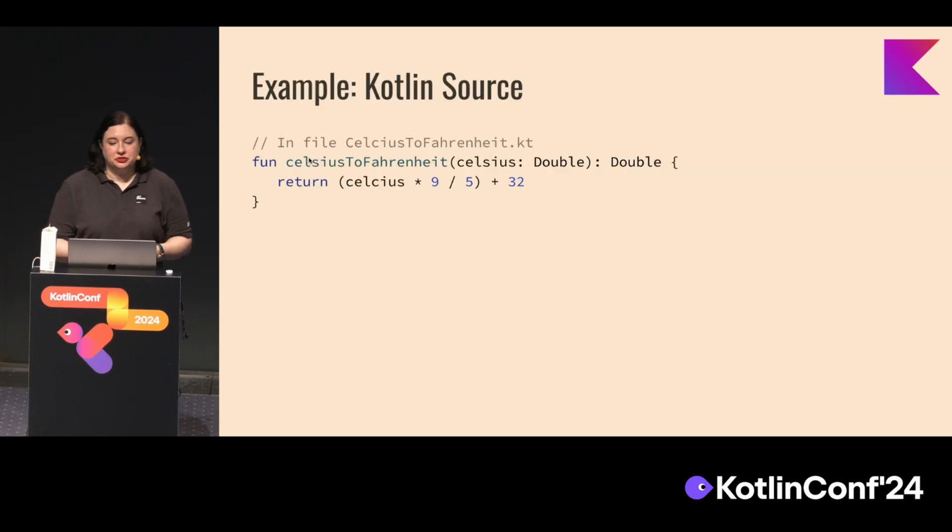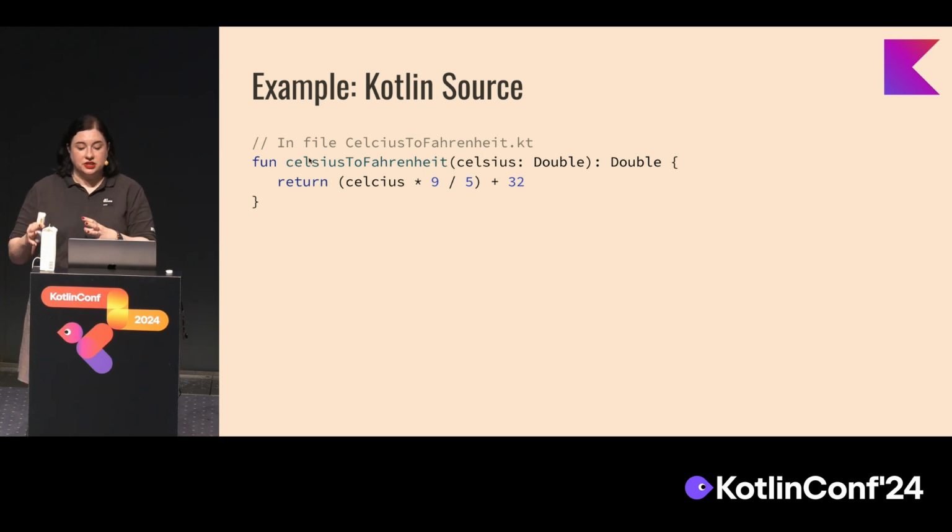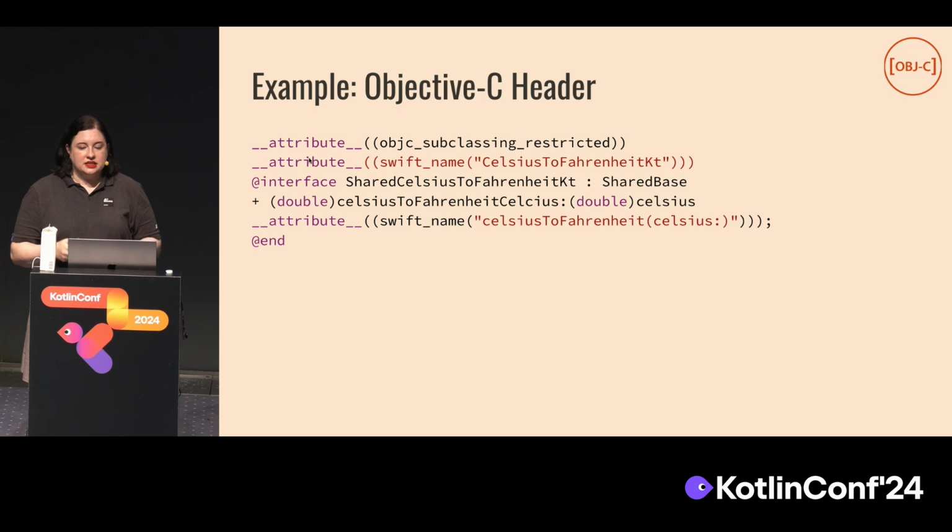But if we want to go from Kotlin to Objective-C to Swift, we can see that we have this Kotlin function. It's a top-level function that converts a Celsius temperature into a Fahrenheit temperature. Then the Kotlin compiler will generate this rather complex-looking Objective-C header for it.